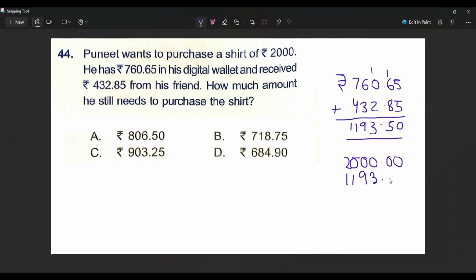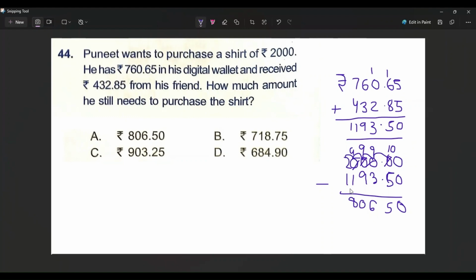So 2000 minus 1193.50. Let's get the difference. 0 minus 0 is 0. 0 minus 5 will not go. So take a borrow. It becomes 10. 10 minus 5 is 5. So 1 when borrowed over here, it becomes 9. 9 minus 3 is 6. And 1 when borrowed over here, it becomes 9. 9 minus 9 is 0. 1 when borrowed over here, it becomes 9. 9 minus 1 is 8.